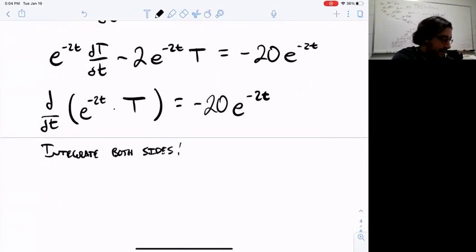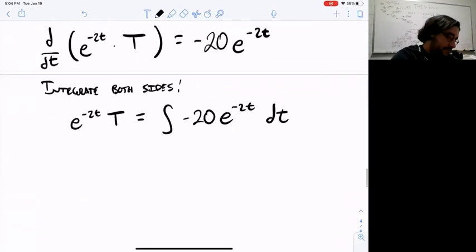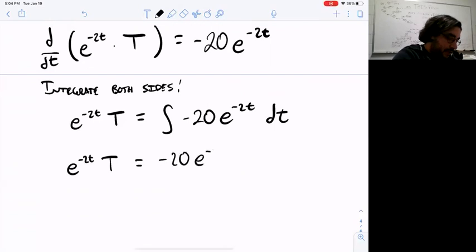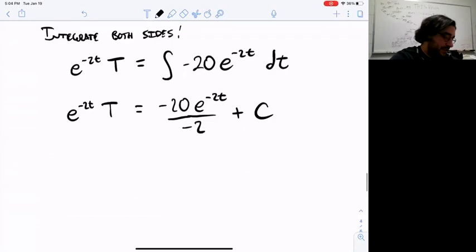When you integrate both sides, on the left, the derivative just goes away. On the right, now we need to actually do an antiderivative. So I get the antiderivative of e to the minus 2t, which means I divide by -2. Also, I get a plus c because I just integrated both sides.